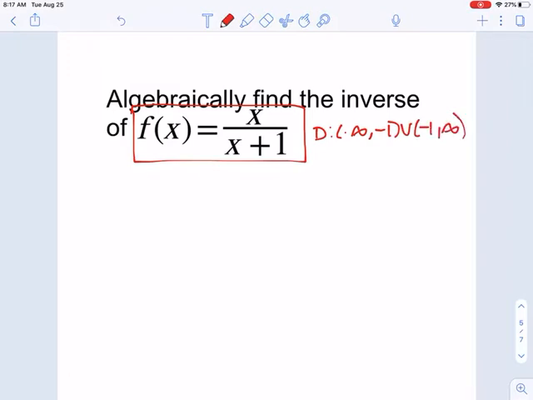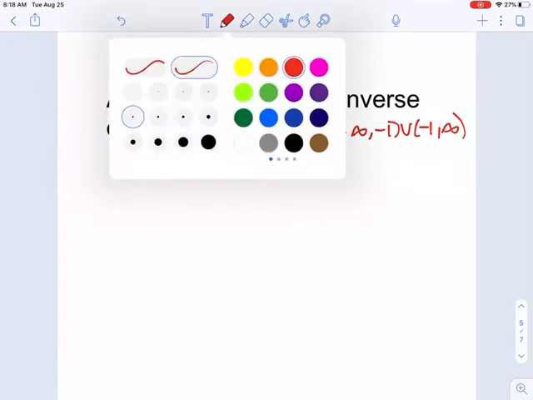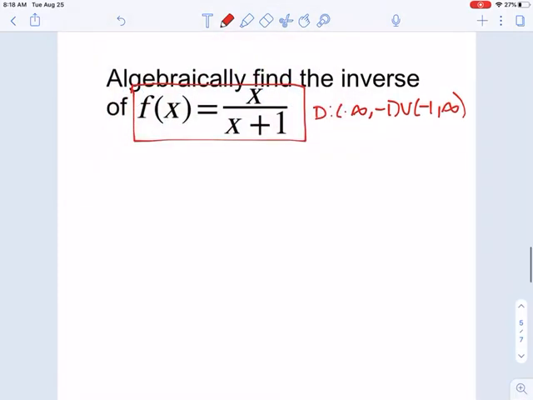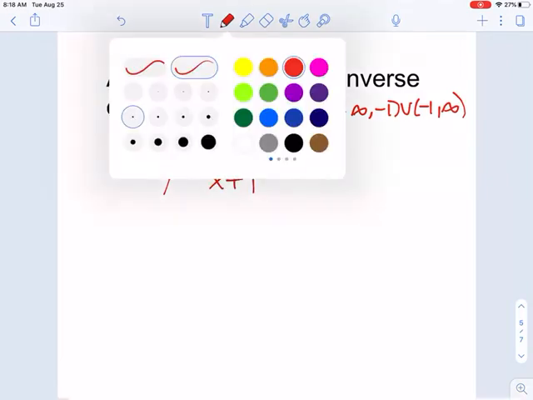So -1 would cause our denominator to be 0. So we need to exclude -1 from the domain of this function. I'm not going to worry about the range. The range is something we'll talk about in chapter 2 when we actually graph these. Okay, let's just talk about the domain.